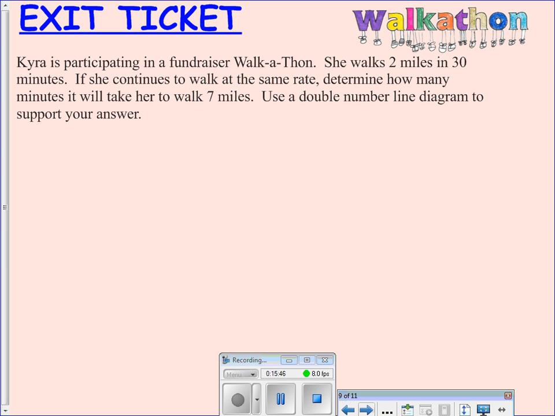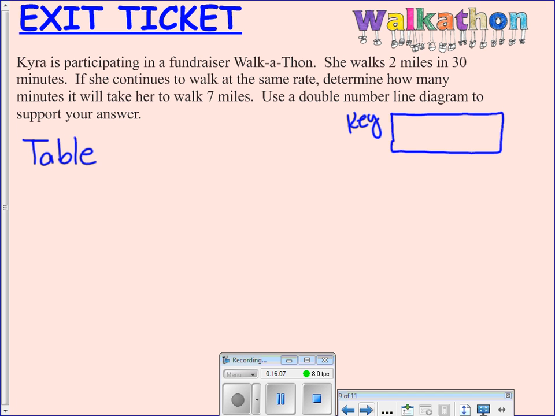So, I should see first, everybody do this. I want to see your key. So draw a box for your key. Lesson 12, that doesn't say Kira on lesson 12. You should have first your table. You should have your double number line.